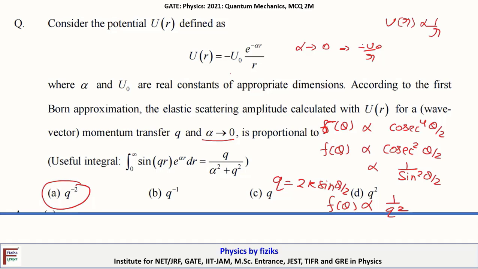Now, if we want to solve this problem by the integration method, the proper method, we would do it like this. In first Born approximation, f of theta would be minus 2 mu by h cut square q, integral r V of r sin qr dr, limit 0 to infinity.